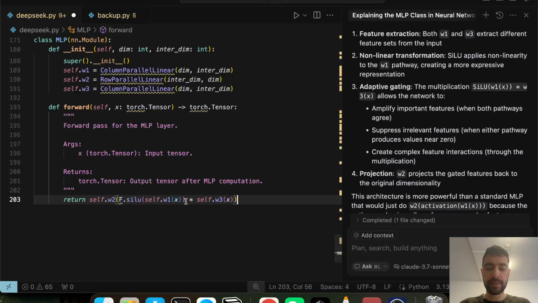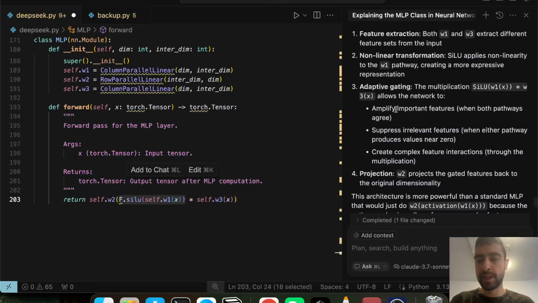And then multiplying these SILU activated features with these features that are not passed through an activation function would serve like a weighting factor for these features. So what that means is it would amplify important features when both pathways agree, suppress irrelevant features when either pathway produces values near 0, and create complex feature interactions through the multiplication.